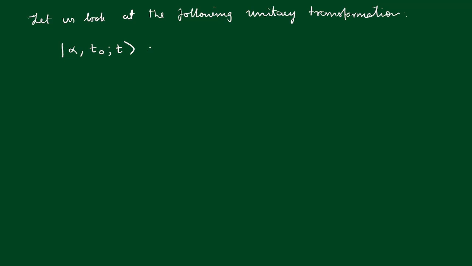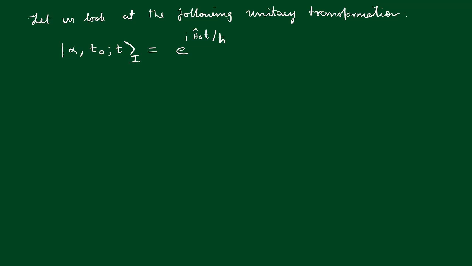So we are looking at this particular unitary transformation, e raised to i H0 t divided by h cross. I'll call the result ket alpha with the subscript I, because I will call these the states in the interaction picture.